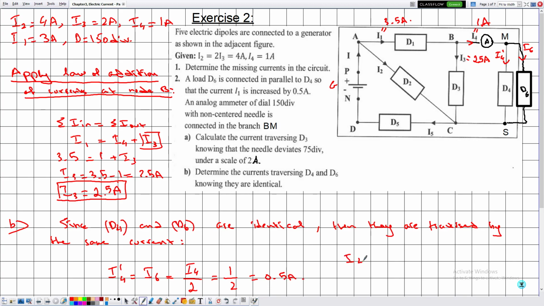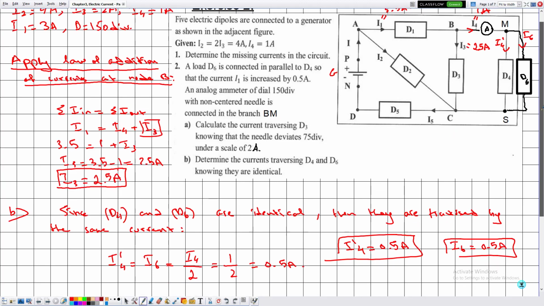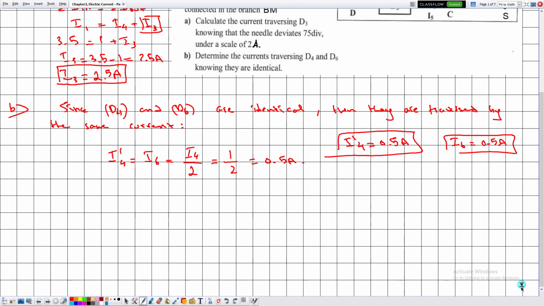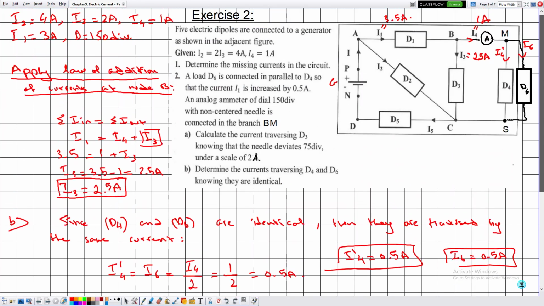Then I prime 4 is equal to 0.5 amperes, and I6 is equal to 0.5 amperes, because these electric components are identical and they are in parallel. And this makes us move to the next section, which is identical components in parallel.